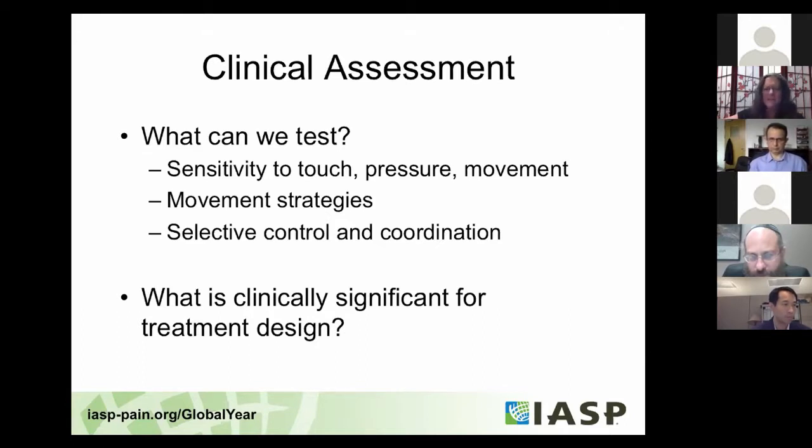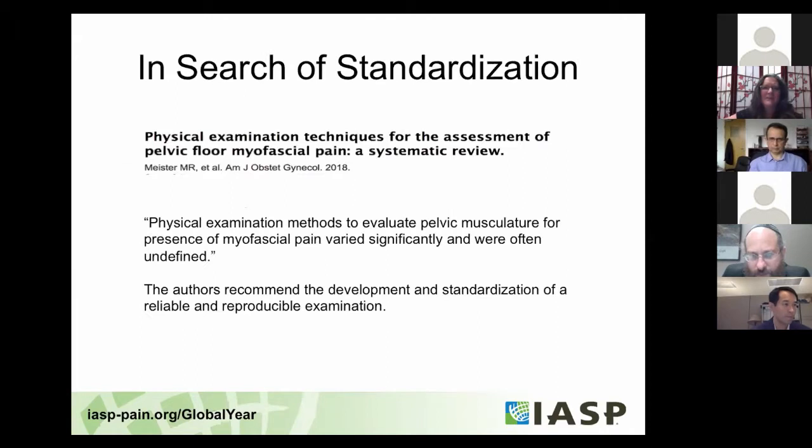And I think we need to rely heavily on the research for this, but it provides a problem in that in the search for what is best, we are also in a search for standardization of what the evaluation looks like. I'm highlighting a few studies in this talk of work that has been done quite recently to try and get an understanding of how we can best do that.